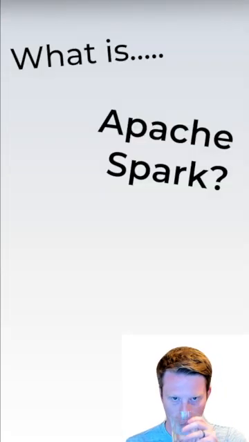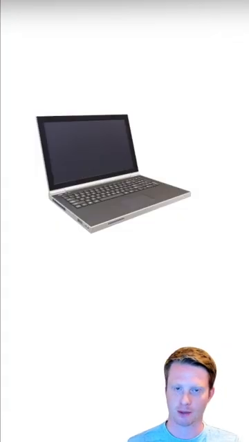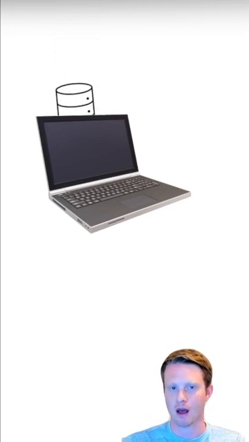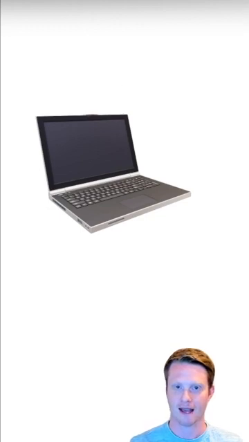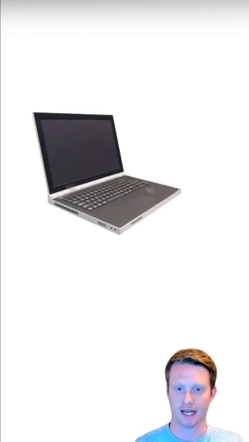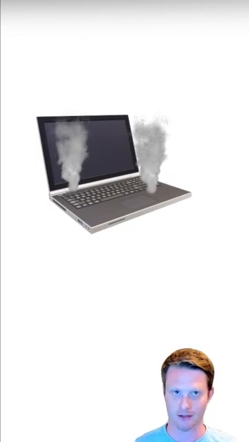So, engines series. Apache Spark. What is this? Imagine that we're running our computer and we're getting lots of data. But as data gets bigger and we get lots more data with all this AI, right? Eventually it's going to be way too much for our laptops or our machines to handle.